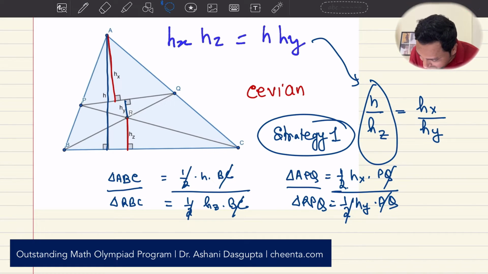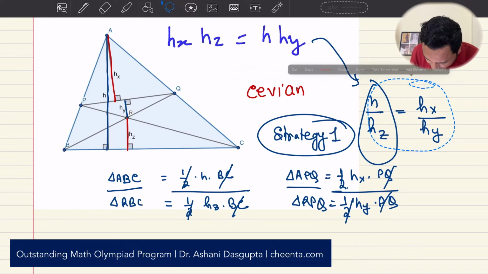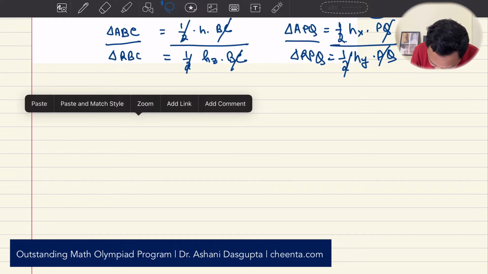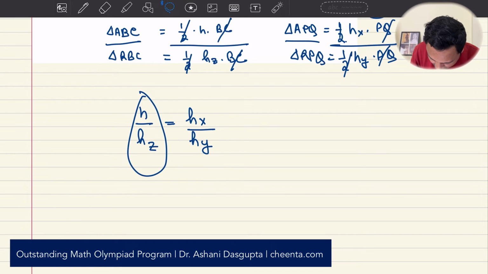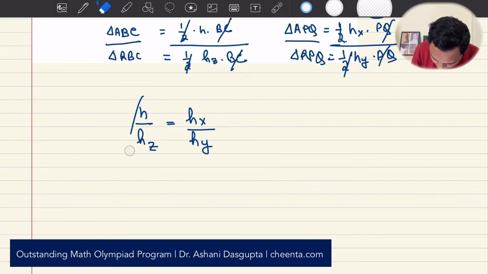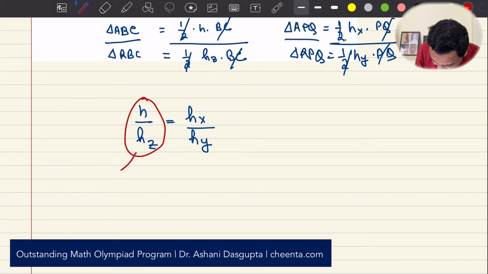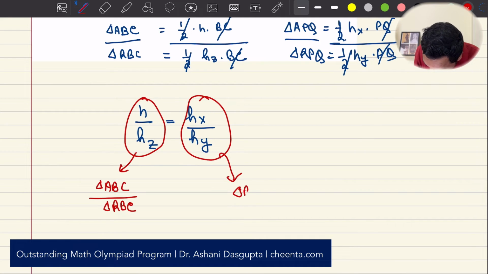So we wanted to show that this is true. Now we have successfully established that this is equal to triangle ABC by triangle RBC, and this is equal to triangle APQ by triangle RPQ.